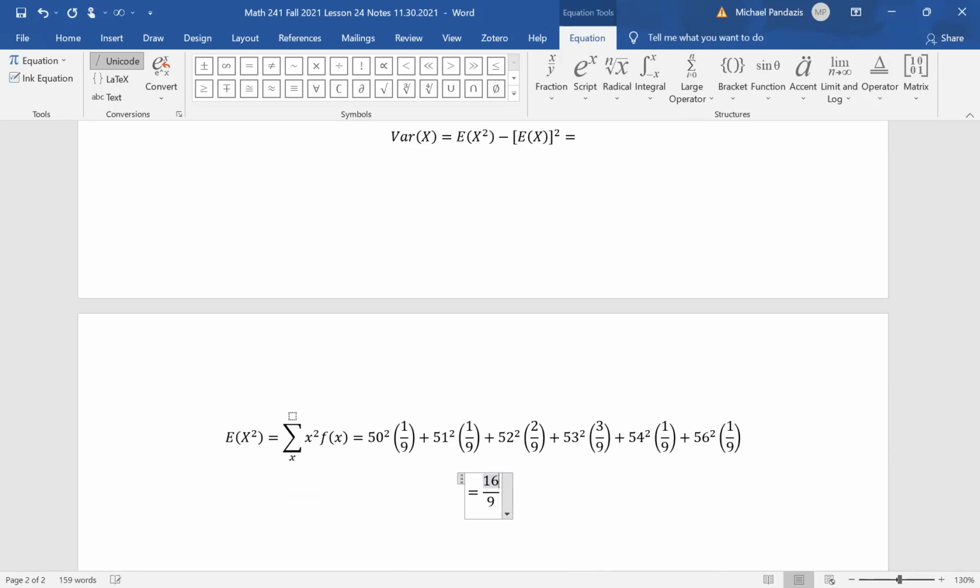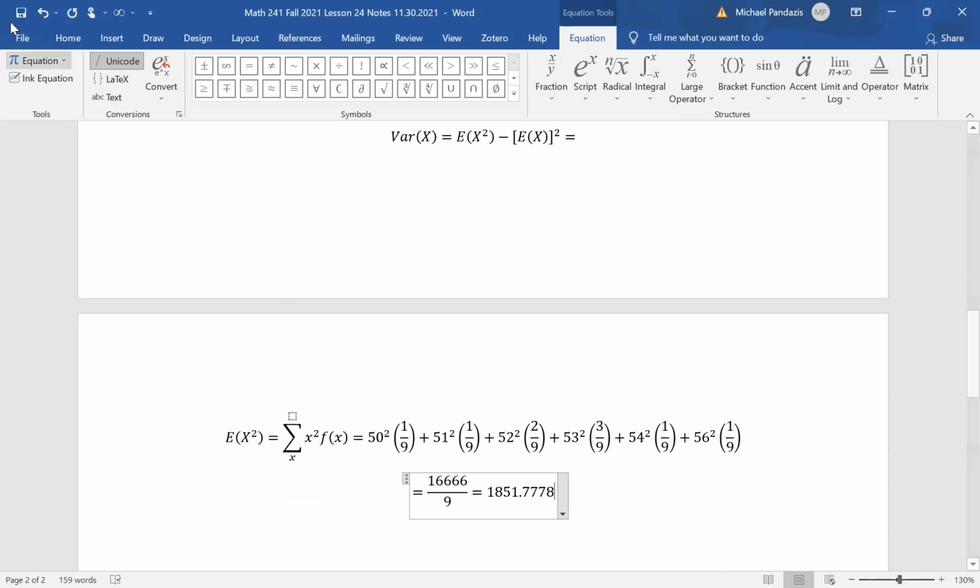So you get 16,666. And then if you divide that by 9, you get 1,851.7778, rounded to 4 decimal places.